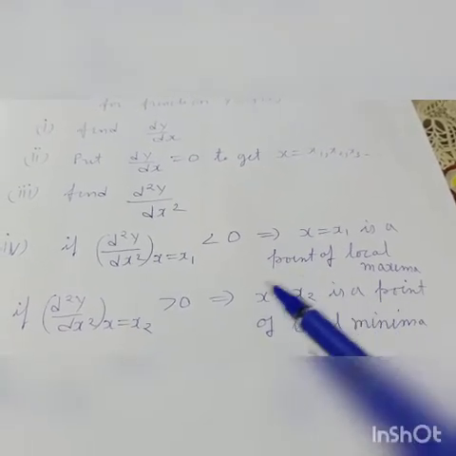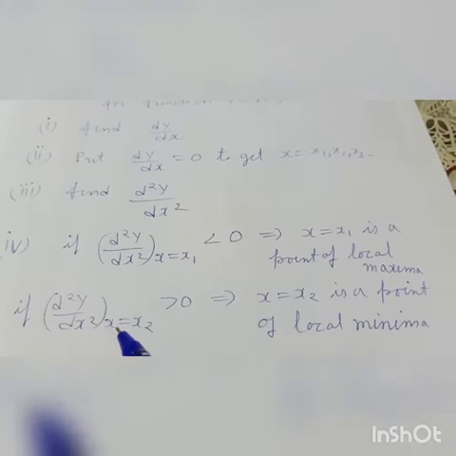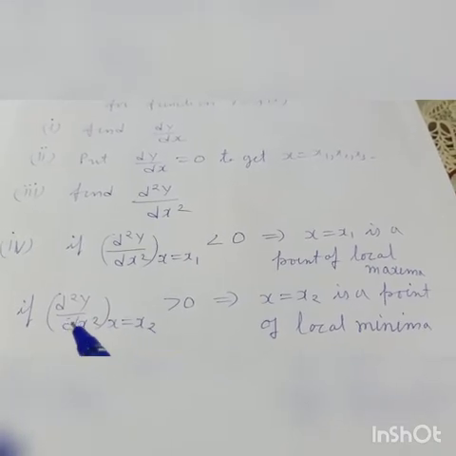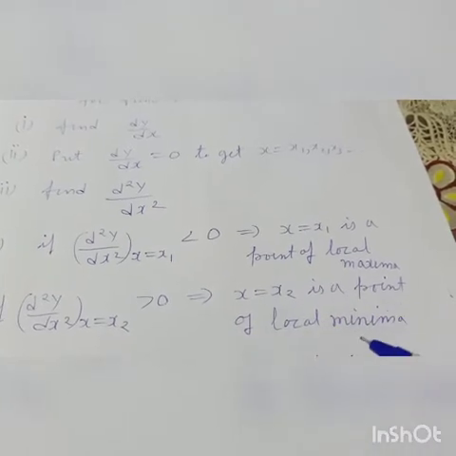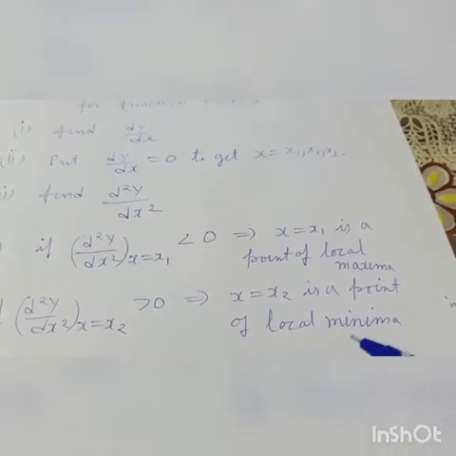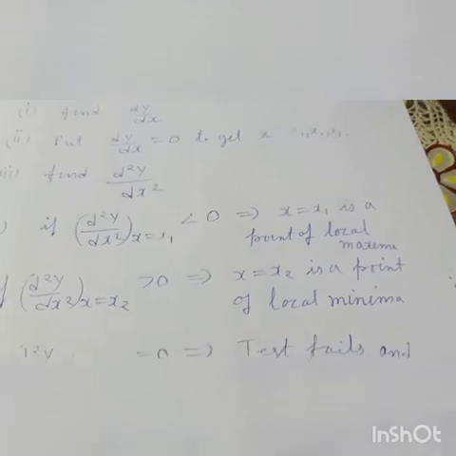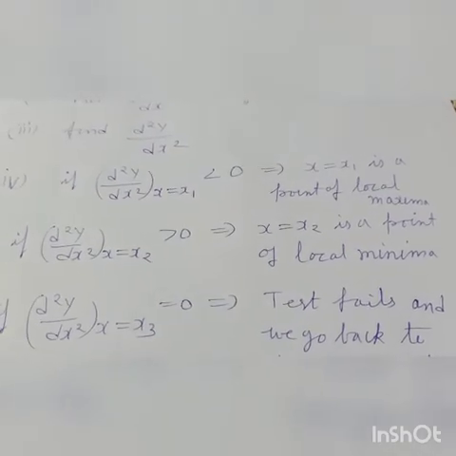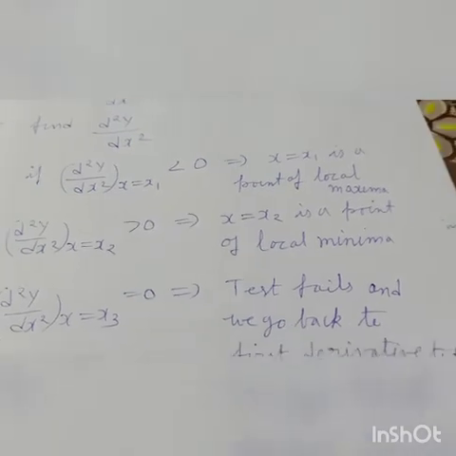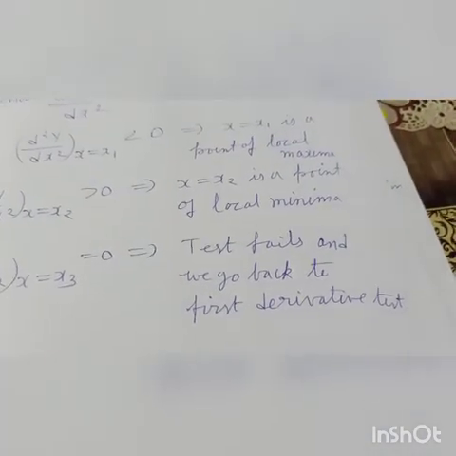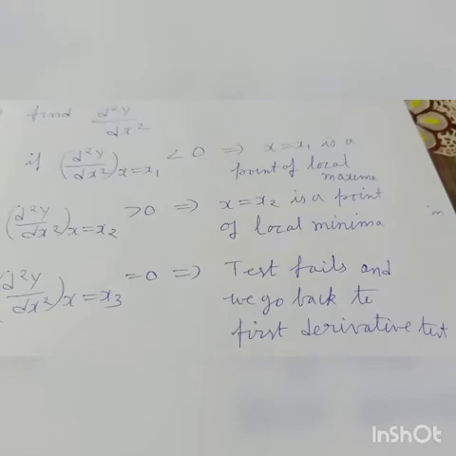If at x equal to x2 the second derivative is positive, then we say that x equal to x2 is a point of local minima. Now if the second derivative is 0 at any point, then this test fails and we go back to the first derivative test.